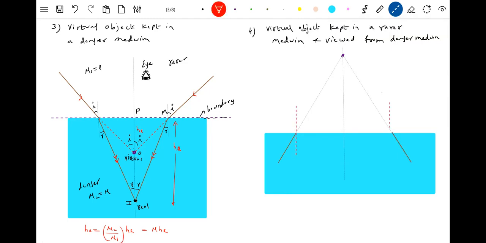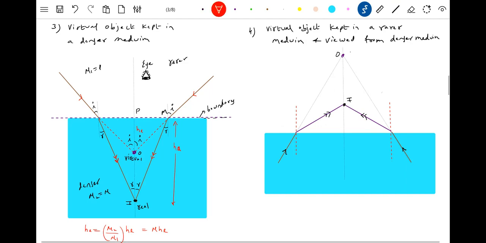This diagram drawing is really very troublesome. So the ray moving from denser to rarer should bend away from normal. So after refraction, this is the virtual object.